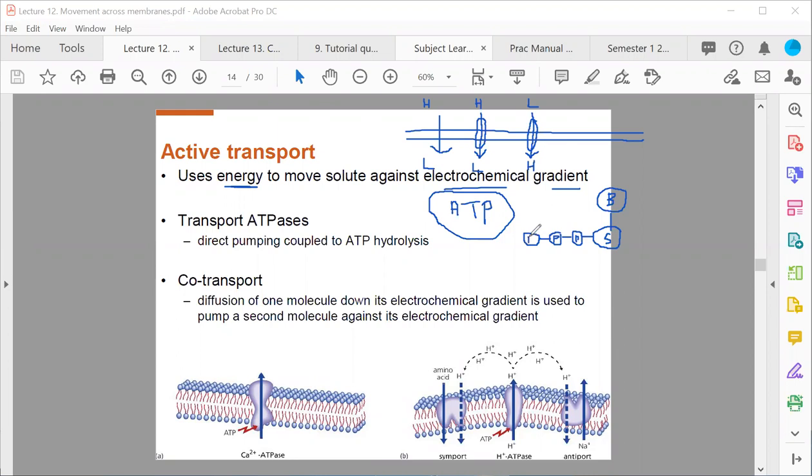All right, so next question to you. What happens in order for this ATP to release energy? Something is broken. Break a phosphate group, absolutely.